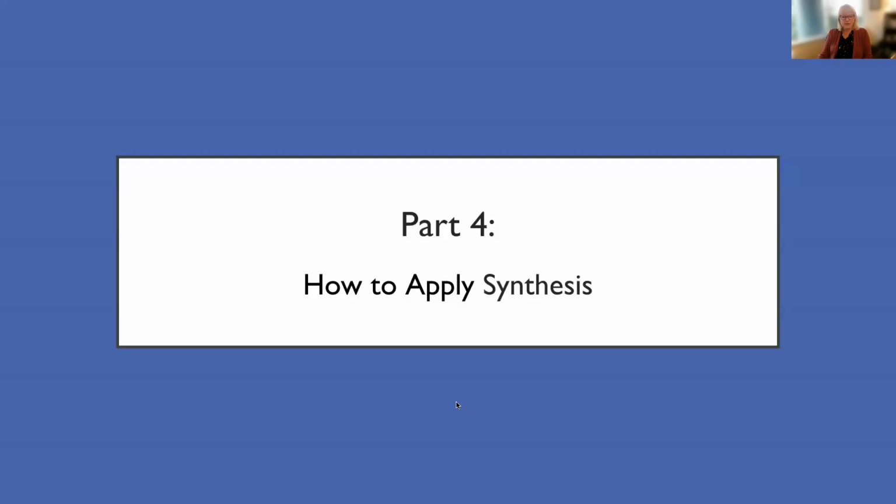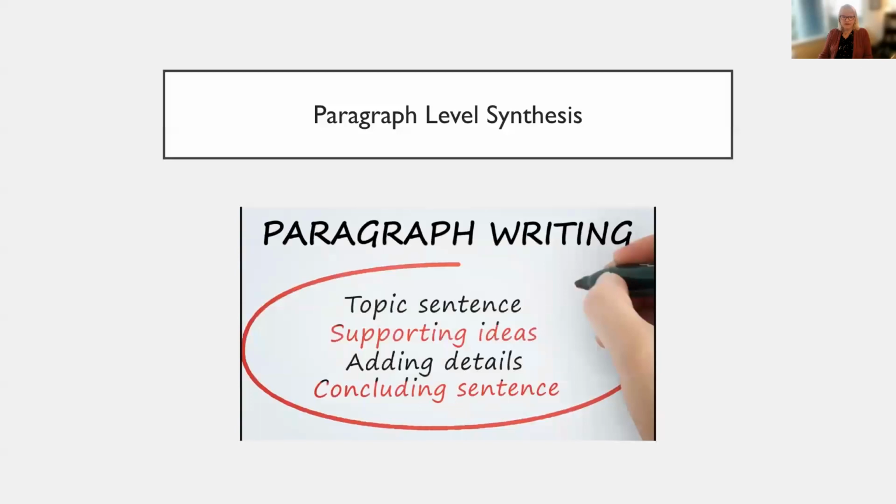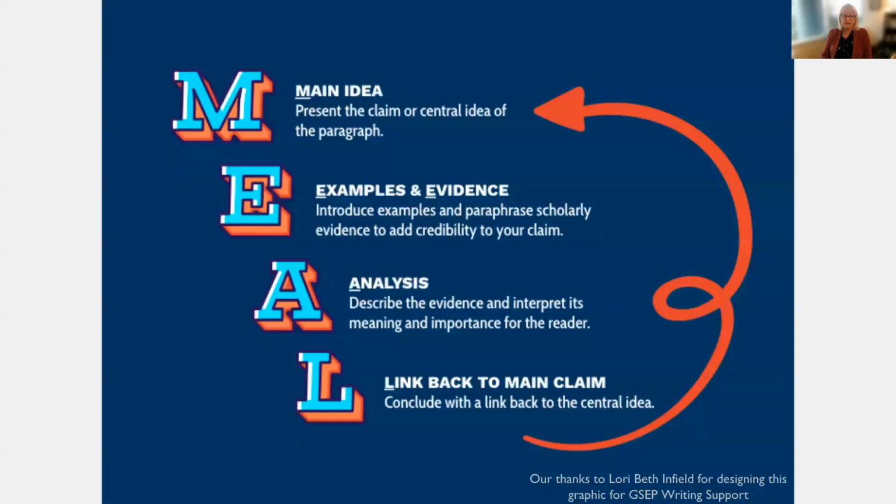So the last part of the presentation is how to apply synthesis at the paragraph level and at the sentence level. I'd like to share a strategy that works really well for most academic writing, no matter what the level, from high school, even middle school, all the way through doctoral work.